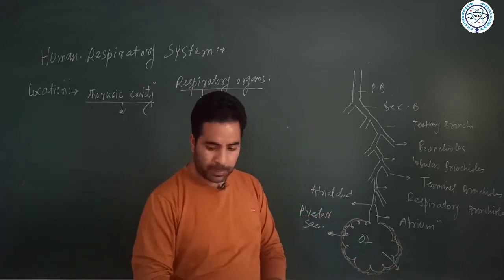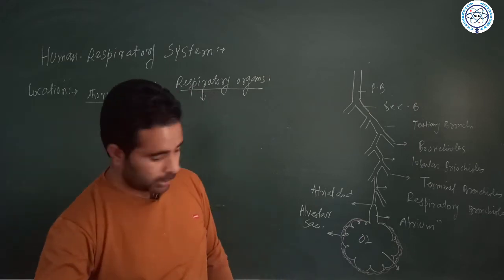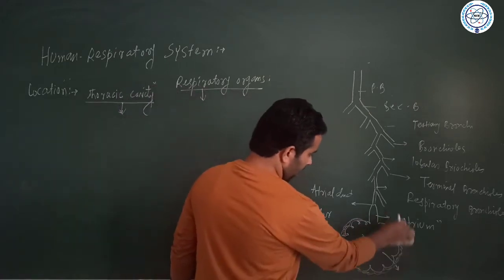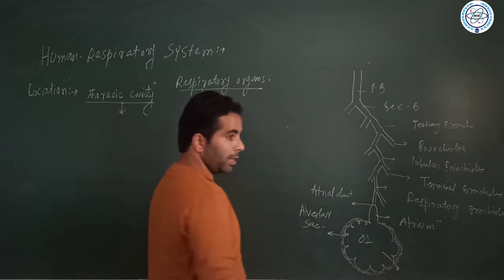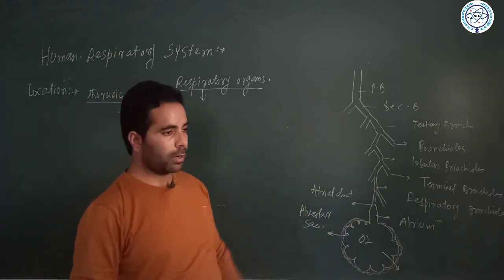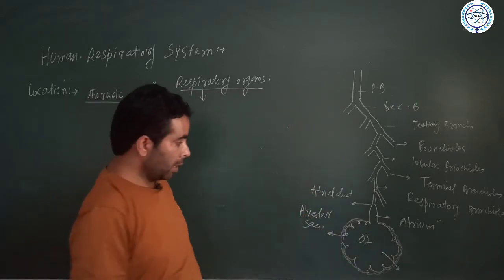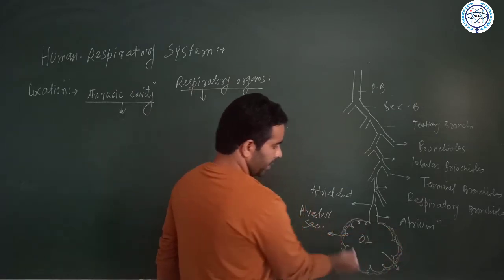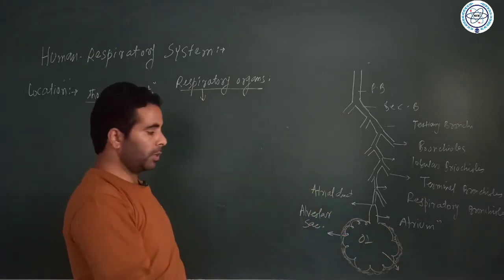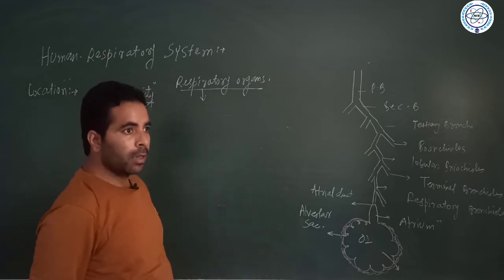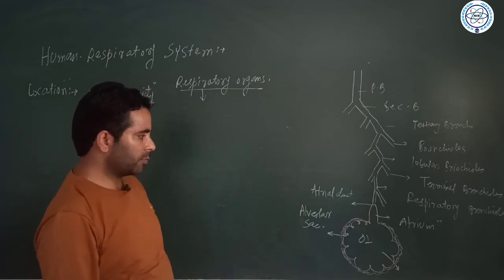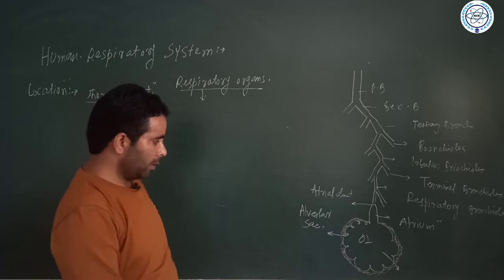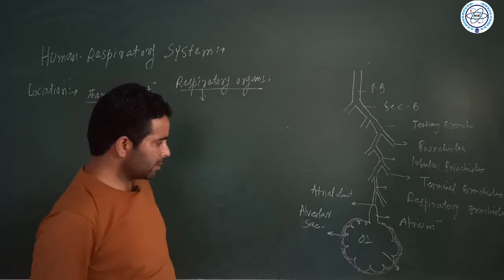And the type of epithelium, that's very, very important here. The type of epithelium that is lining these lung alveoli is not pseudostratified epithelium as we have seen in the trachea or other parts of the respiratory tract. We will explain the actual barriers and structures of the respiratory membrane in another topic where we discuss the exchange of gases.